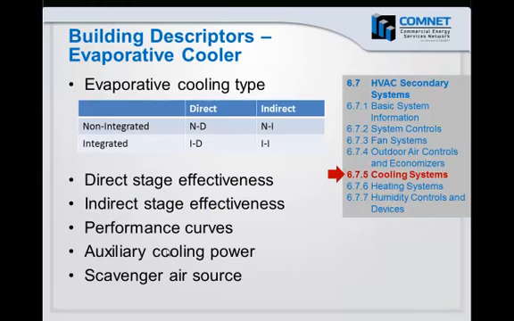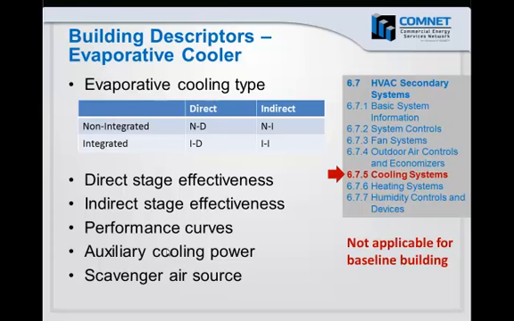For evaporative cooling, these building descriptors are not applicable to the baseline building, since it never has an evaporative cooling system. But there's an evap cooling type, which can be direct, indirect, or integrated and non-integrated, or any combination of those. There's the effectiveness in the direct stage and the indirect stage.